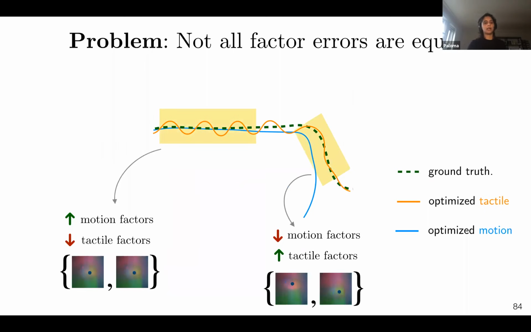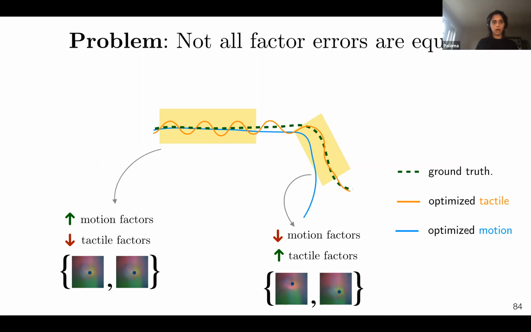On the other hand, during the curved portions where there are greater rotations of the object about the contact point, the tactile factors are actually more informative because there is a greater difference in the contact patch in the images. So there is a greater displacement in the corresponding features. And due to greater motion in these contact patches in the tactile images, we can recover more informative factors.